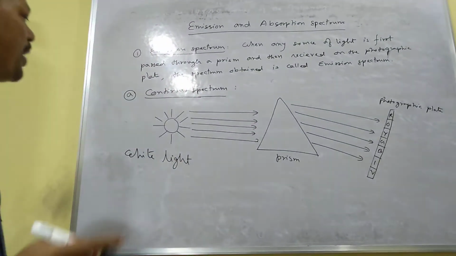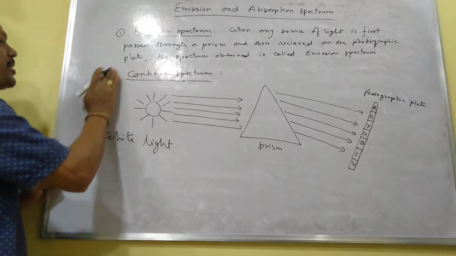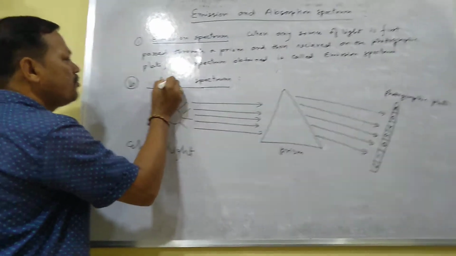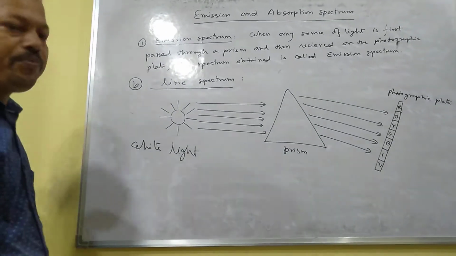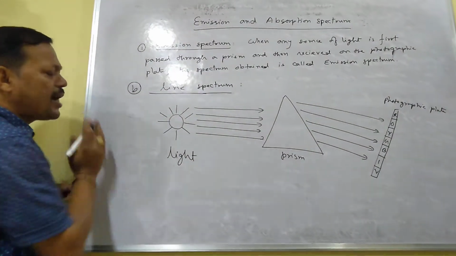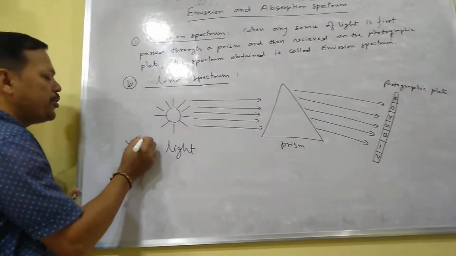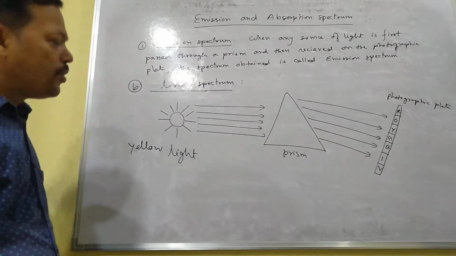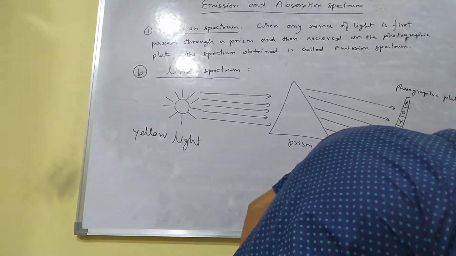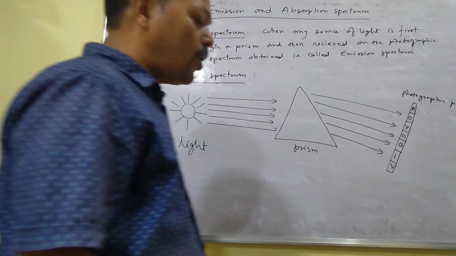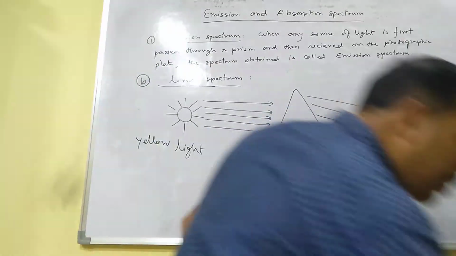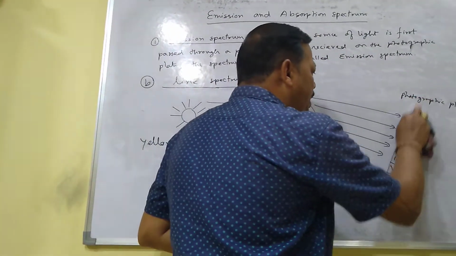Now another spectrum is called line spectrum, that is number B. This is called line spectrum, LINE, line spectrum. To get the line spectrum, you have to use some colored light. For example, you are using yellow color light. When the light is passed through the prism and you receive it on the photographic plate, then you don't get this type of 7 bands of colors.